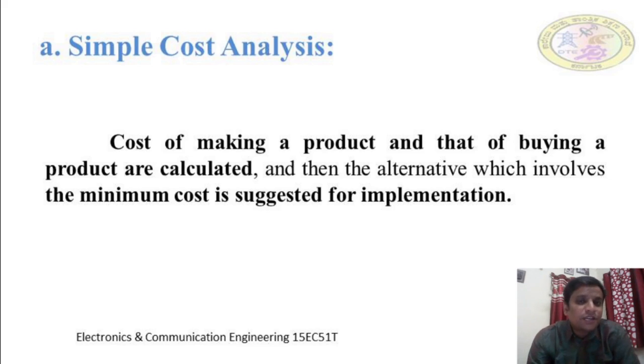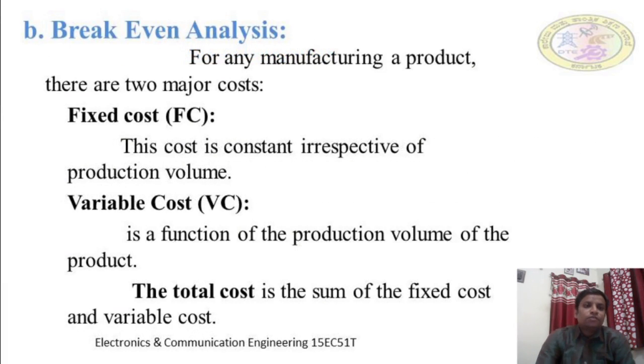Then the alternative which involves the minimum cost is suggested for implementation. By comparing these two, we find the minimum cost which helps in implementing the make or buy decision. That analysis we call simple cost analysis. Moving on, the second analysis is break-even analysis.